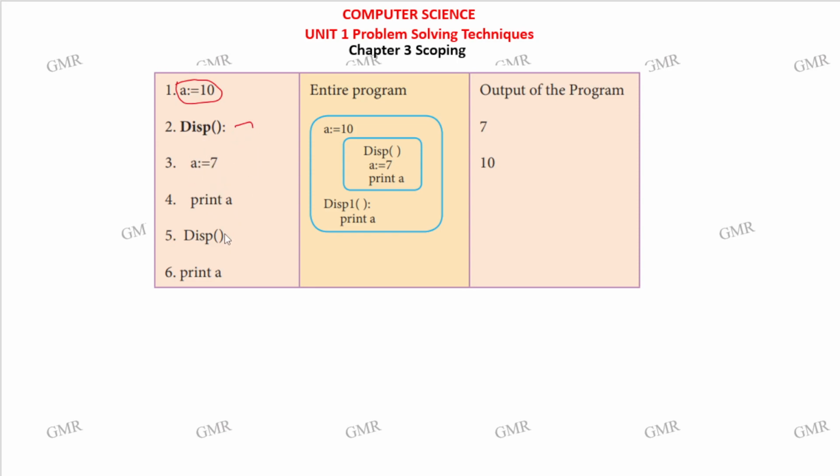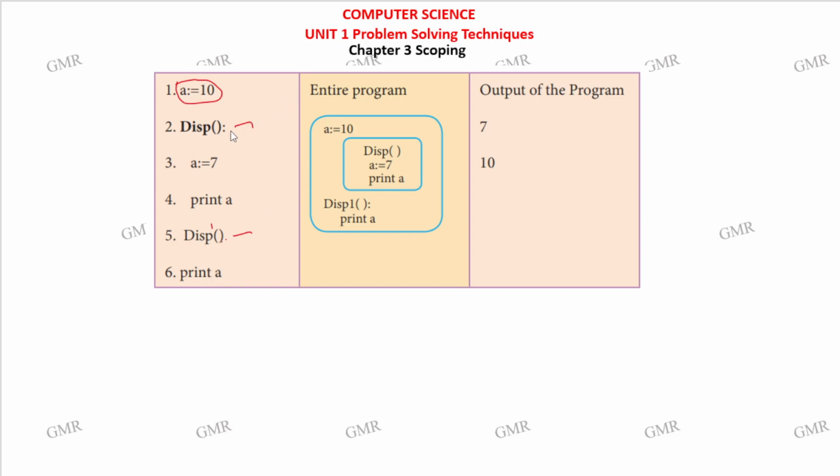The function starts here and ends here. Display a value as 7, printing the value of a. I think here 7 will come. In this, we are printing a alone.